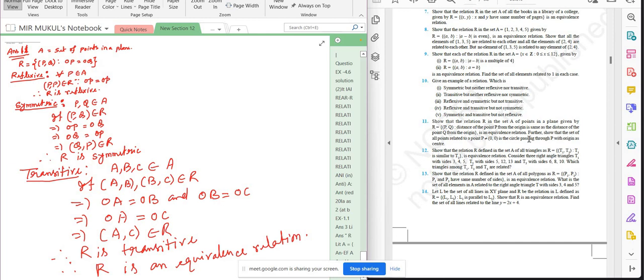Further show that the set of all points related to point P not equal to 0, 0 is the circle passing through P with origin as center.